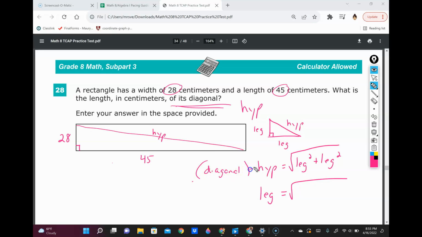So anytime that you're finding the diagonal, you need to find the hypotenuse. But if you're trying to find the leg, like we have in previous questions, you would take the square root of the hypotenuse raised to the second power minus the leg to the second power. This is a calculator question, so you'll need to plug into your calculator.